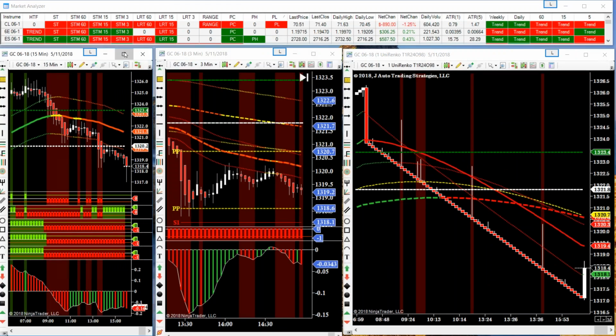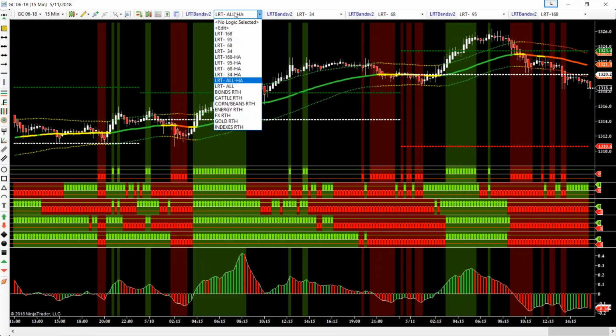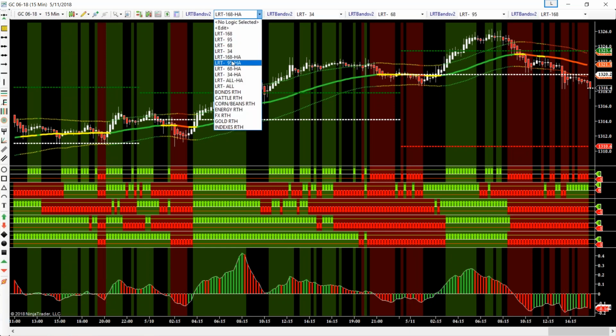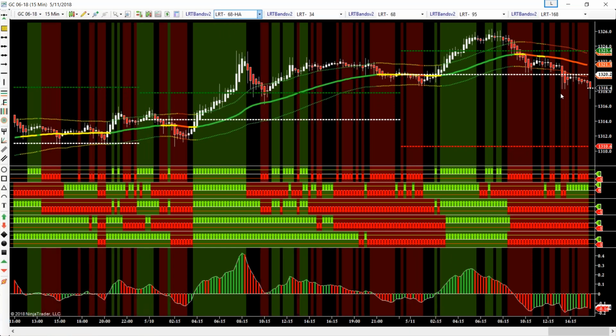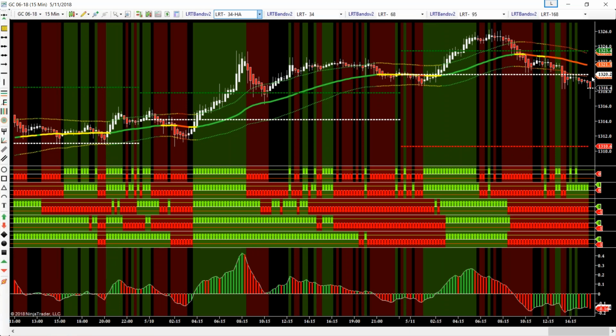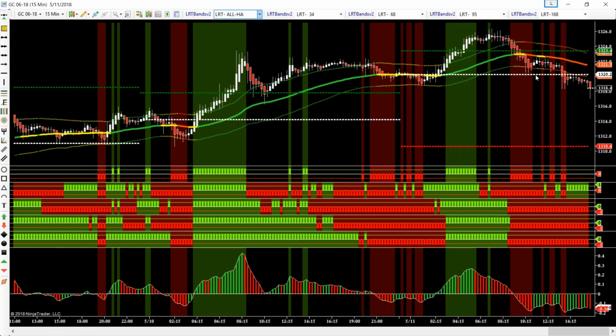So when I put it together with my linear regression, here's the linear regression all, meaning all my conditions have been met. Here's the largest overall trend condition, here's the second largest, here's the third largest, and here's the smallest trend condition. You see how choppy it got on the bottom here. So when you put them all together, you can see the meat of the move.